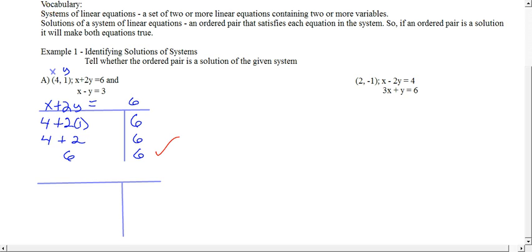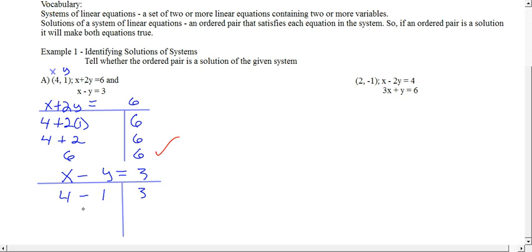Now we're looking at our equation x minus y is equal to 3. Again, we know that x is 4, minus y is 1, and that should equal 3. So we do our math here.